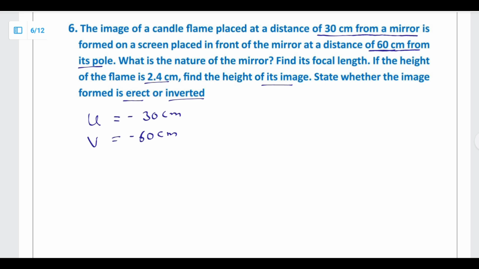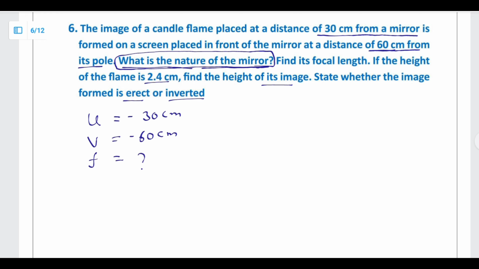Okay. And in the question, what is the nature of the mirror? So tell me which type of mirror it is, convex or concave mirror? Only a concave mirror forms real images. So concave mirror. Find the focal length means f is the question mark.